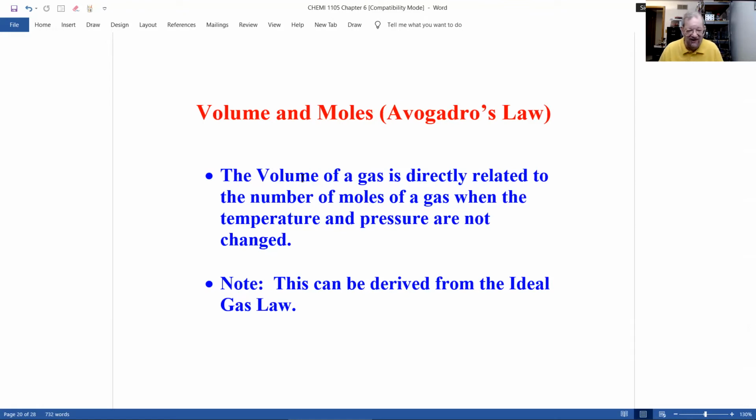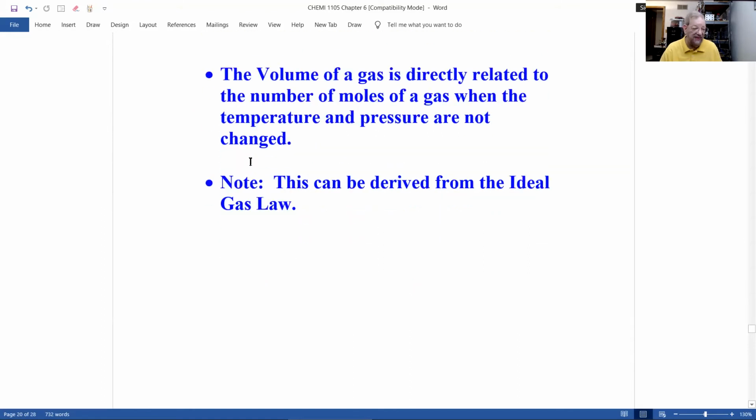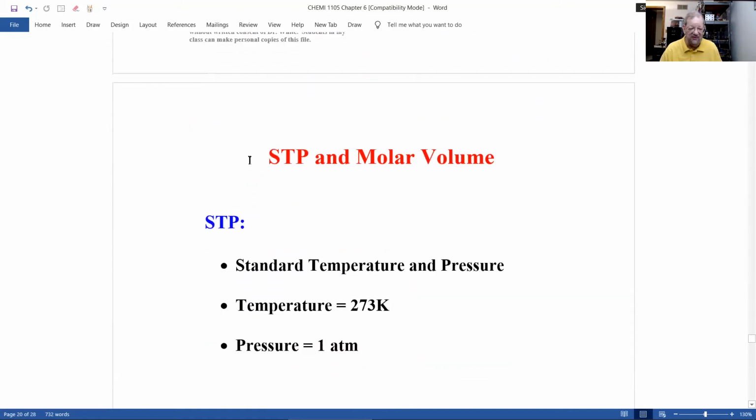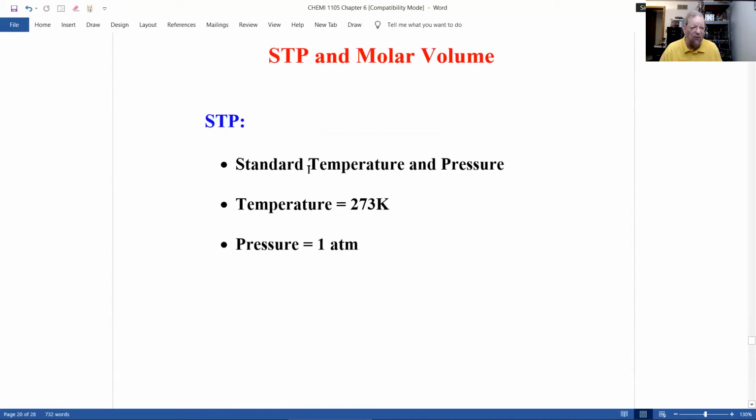The volume of a gas is directly related to the number of moles of gas when the temperature and pressure are not changed. And I'll show you later, this can be derived by something called the ideal gas law. But what this means is at STP and molar volume, what's STP? Standard temperature and pressure.